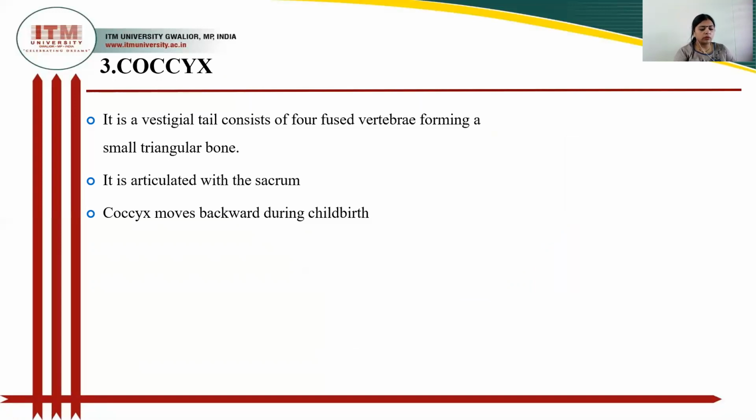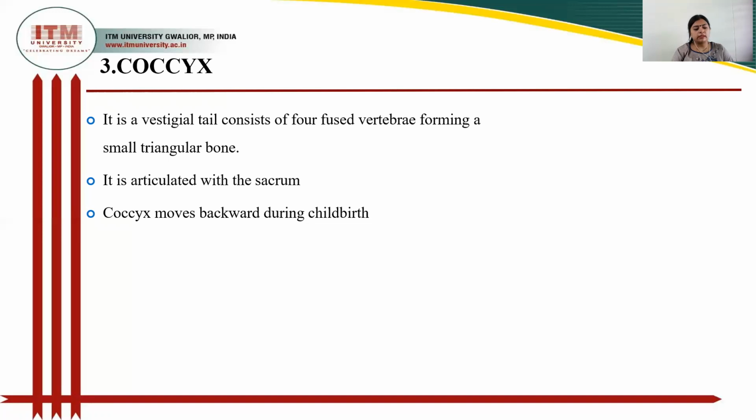There are 4 bones, and they come together forming a wedge shape, so there is an articulation. That is how the coccyx forms. This coccyx is articulated, attached with the sacrum.